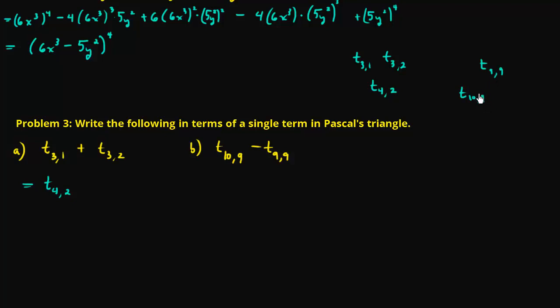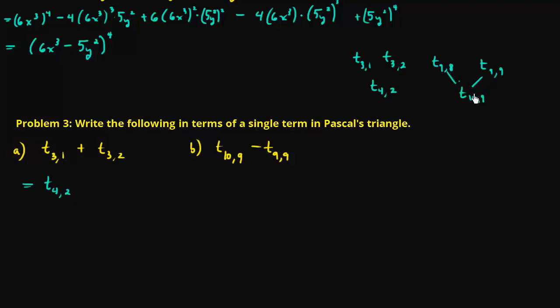If we subtract these two, remember that these two values have to add to this value. So if I do T10,9 minus T9,9, we would get T9,8, because these two values have to add to this value.